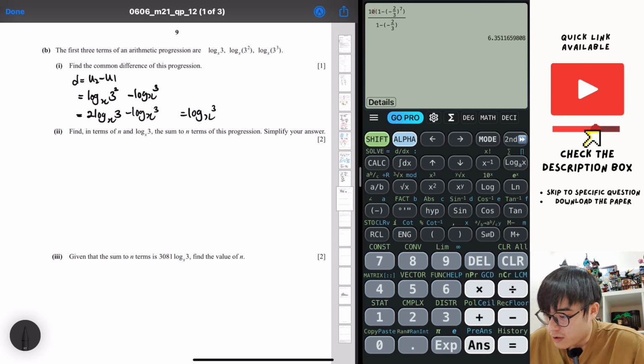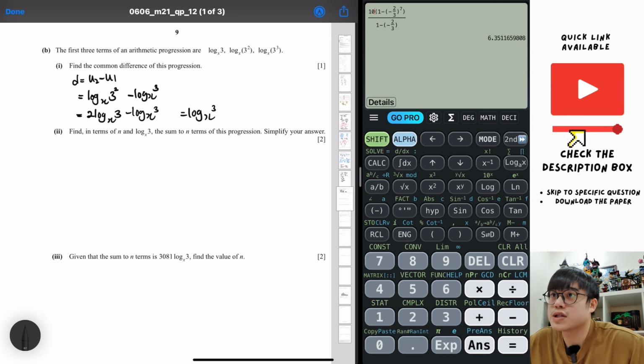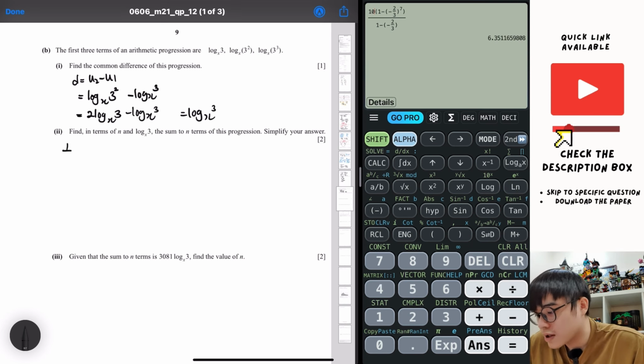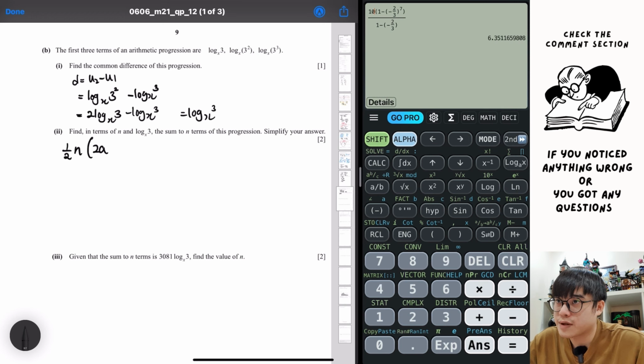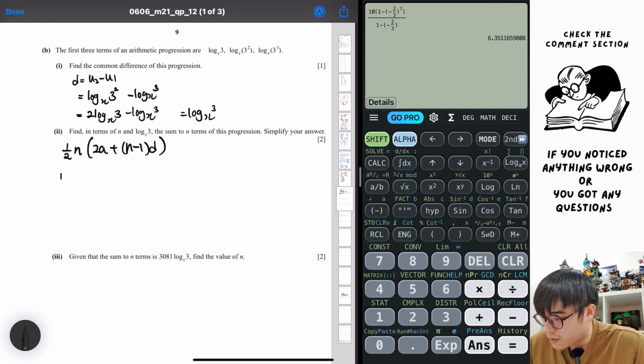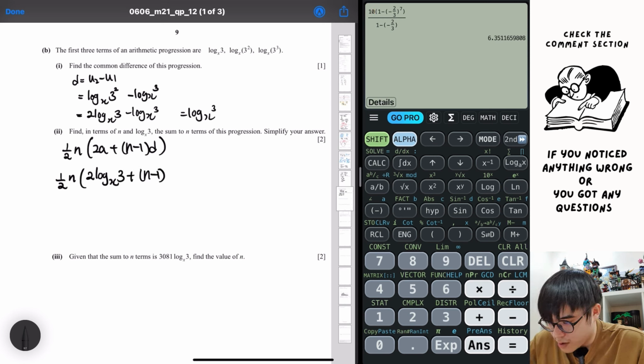Find in terms of n and log x3 the sum of the progression, the sum to n terms. So let's trace based on our formula here. We have 1 over 2 with our a, and then n minus 1 d. So when we substitute accordingly, 2 log x3 plus n minus 1 times log x3.